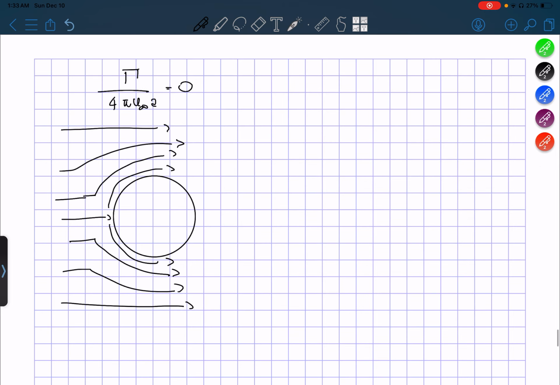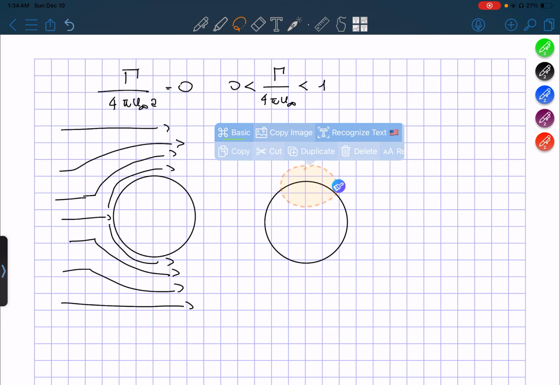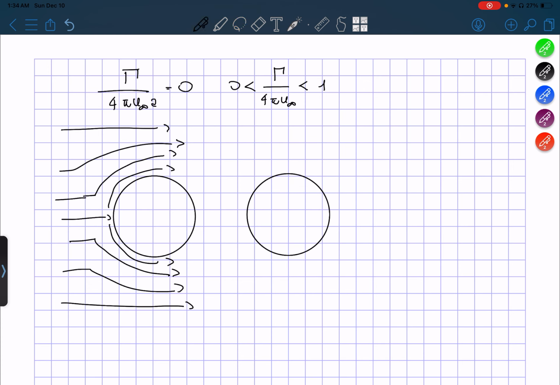However, if we have gamma divided by 4 pi u infinity greater than 0 but less than 1, then what do we have? Well, we still have our object at the center, then our flow coming from the left side.